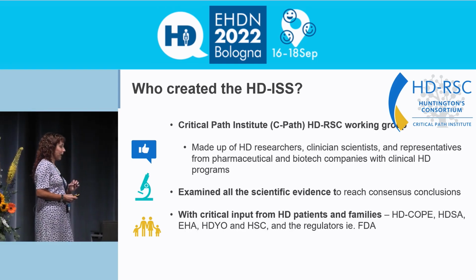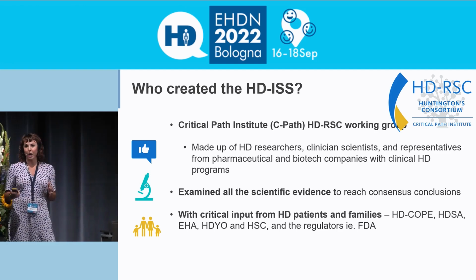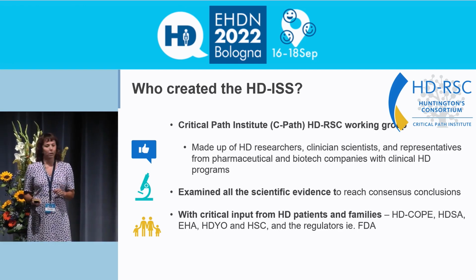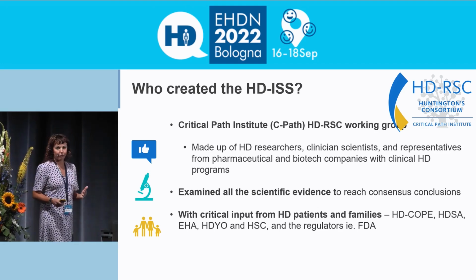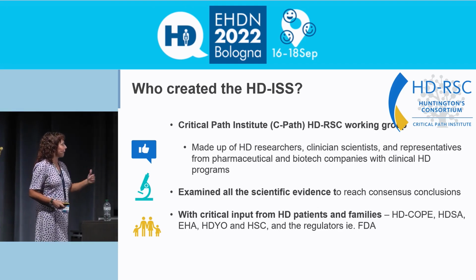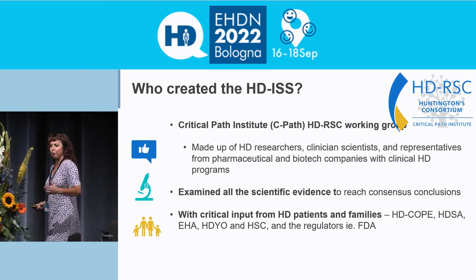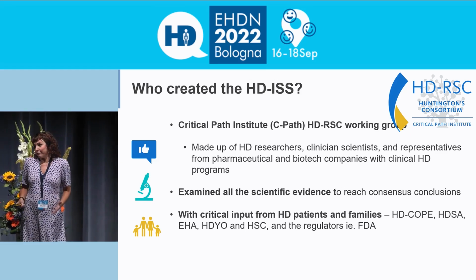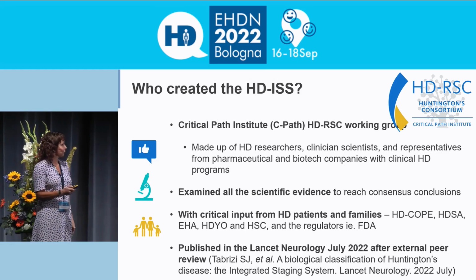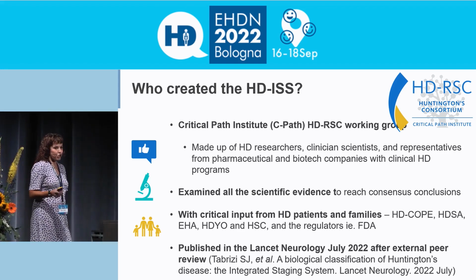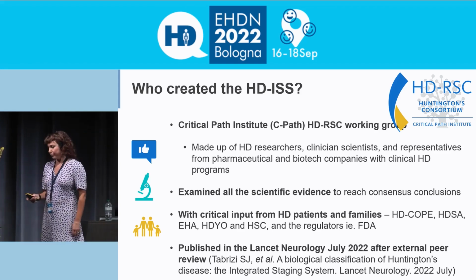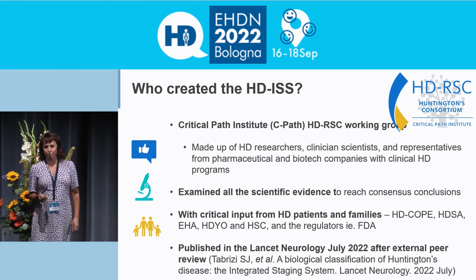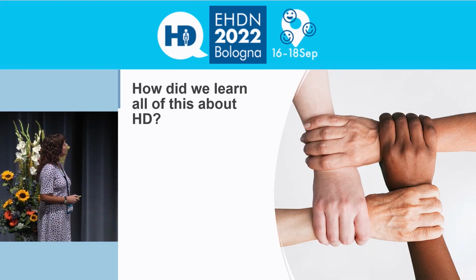And we also had critical input along the way from the patients and families. We met with HD COPE early on. We got feedback from HDSA, we got feedback from EHA, we got feedback from HDO, and we also got feedback from the regulators. We published it this year after external peer review in the Lancet Neurology, and I'm going to give you a whistle-stop Porsche tour of the HD-ISS.